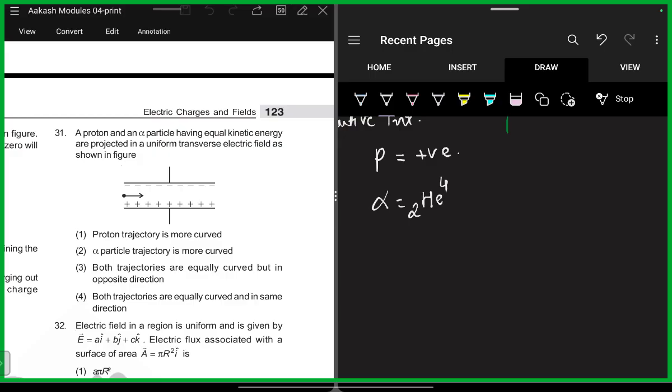Let's say it is plus e for the proton. For the alpha particle, it is plus 2e charge.